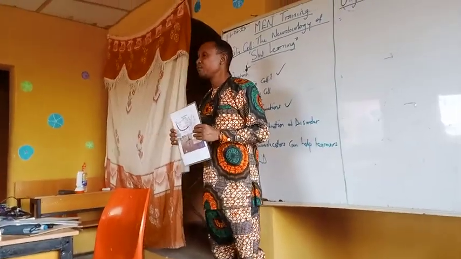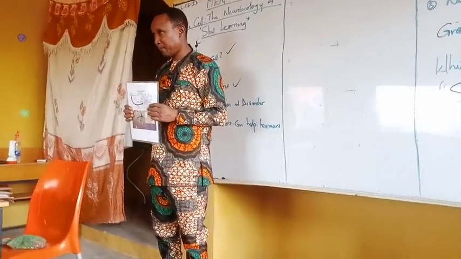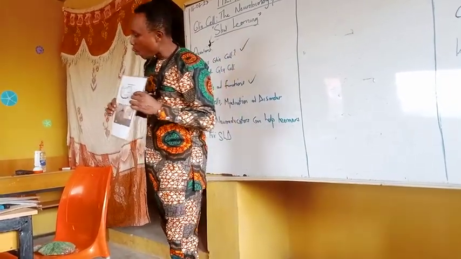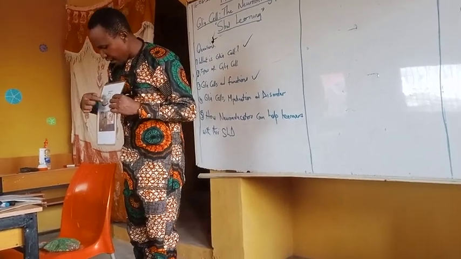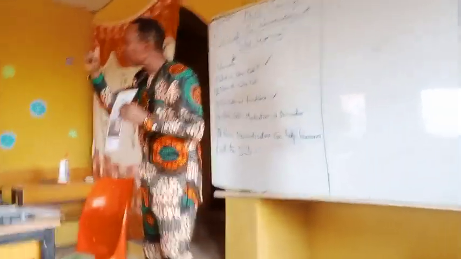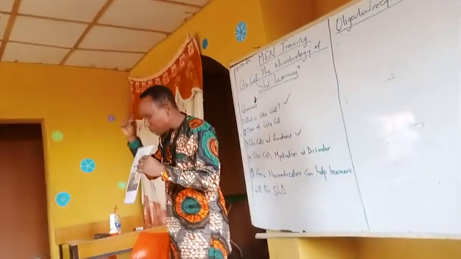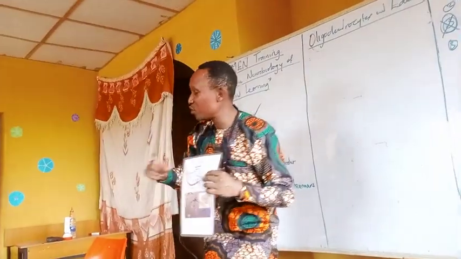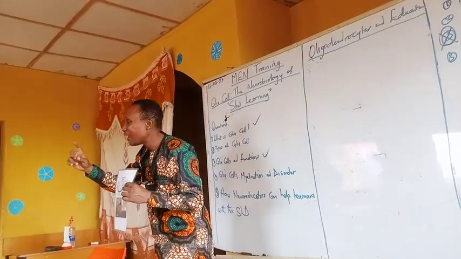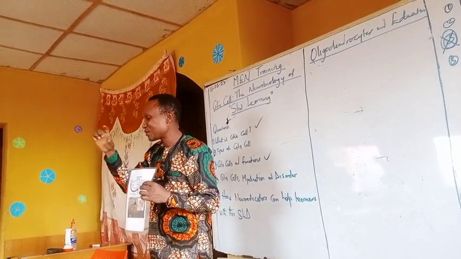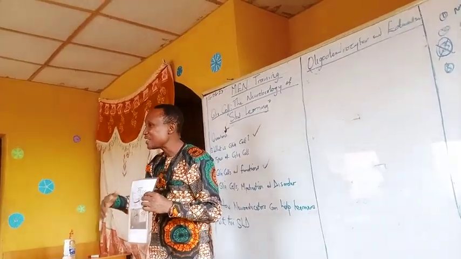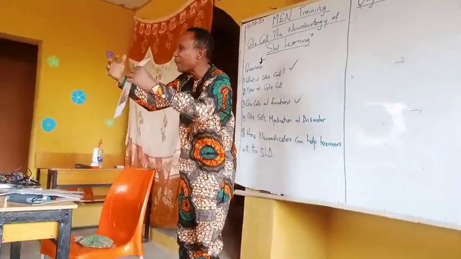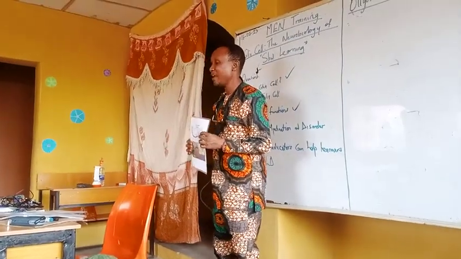The reason for slow learning, according to neuroscience, has to do with the fact that the processing of inputs, the processing of signals of information between one neuron and another is slow, in the brains of those pupils, those students who find it very difficult to comprehend whatever you are teaching them in the classroom.